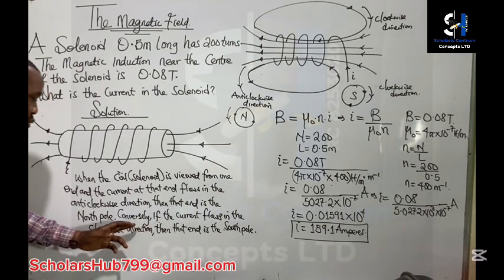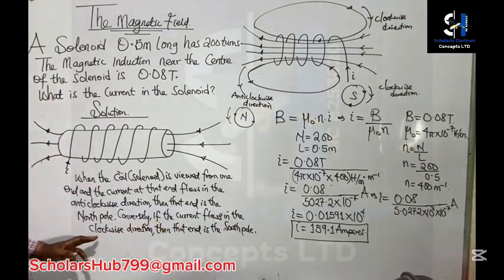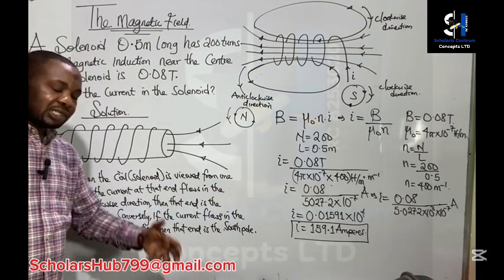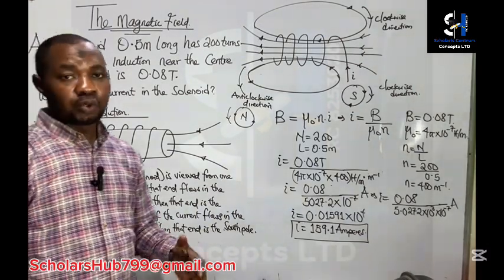If the current flows in the clockwise direction, then that end is the south pole.